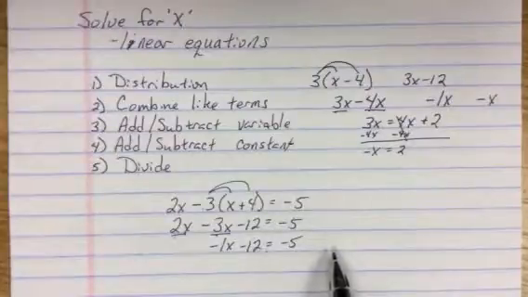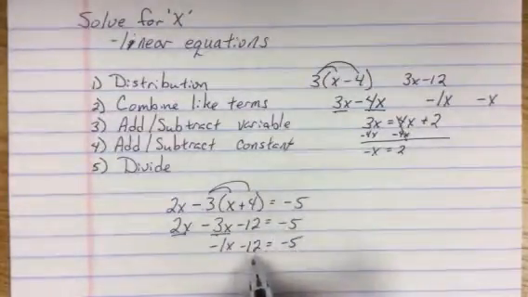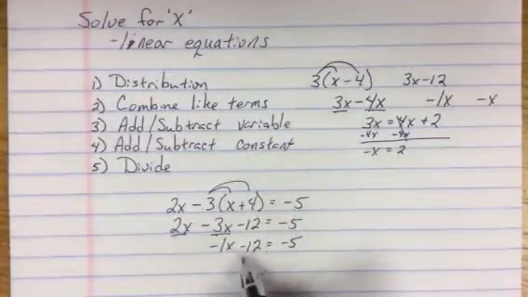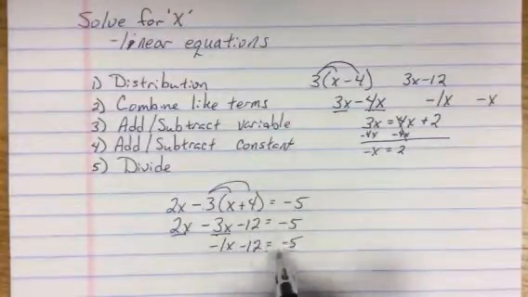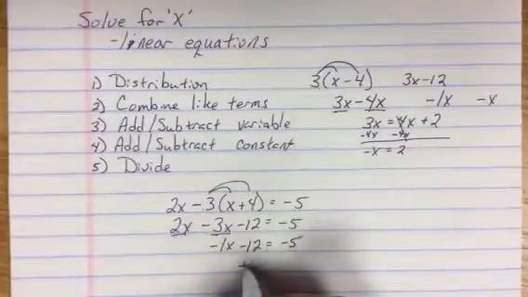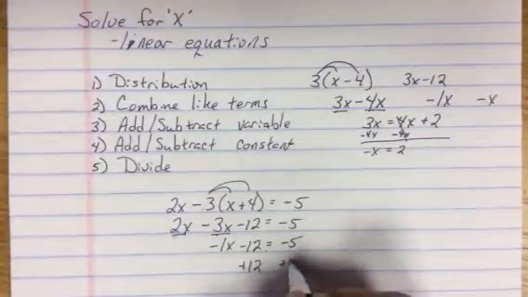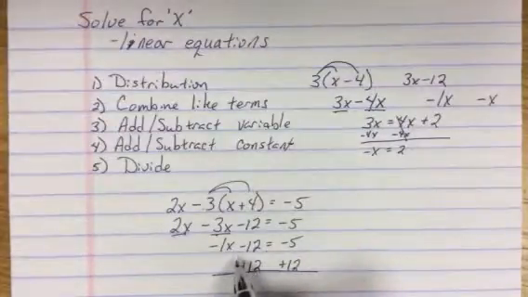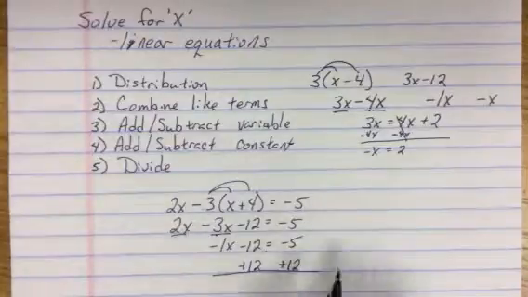Step 4 is the adding and subtracting of constants. Again, I look to the left of the equals and to the right of the equals, and this time I have a negative 12 and a negative 5. So, since it's negative, I add 12. I always choose the constant that's on the same side as the variable. I want to move him away.